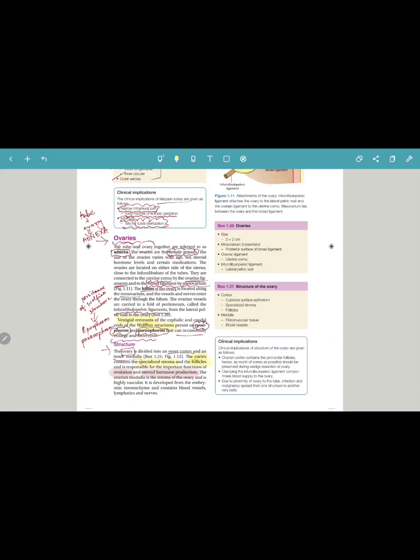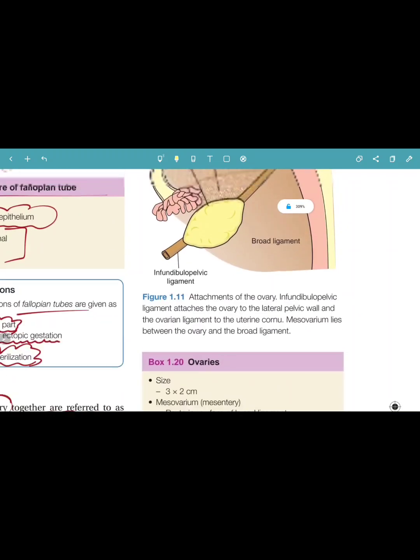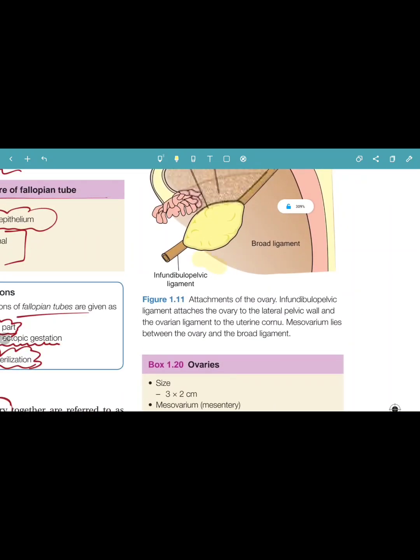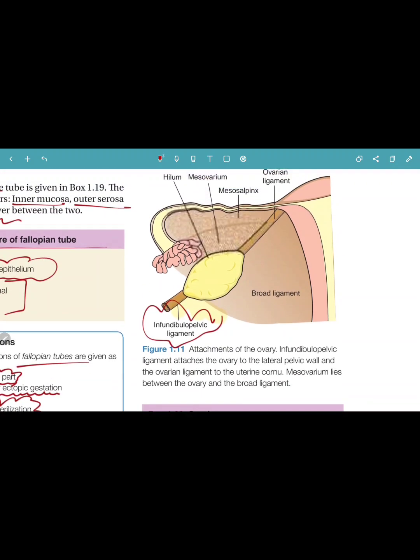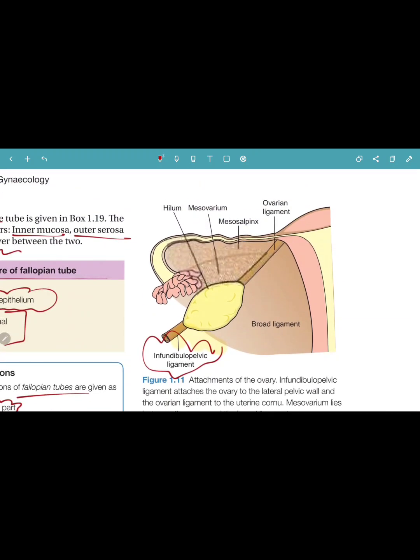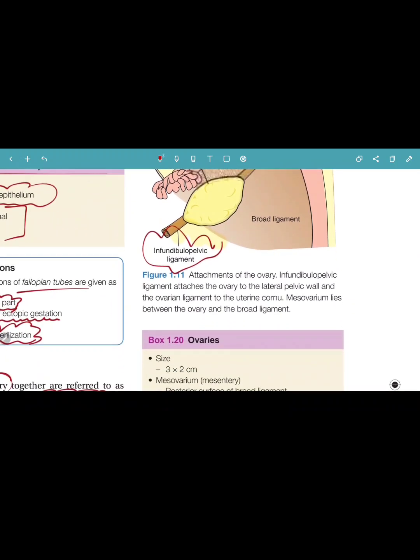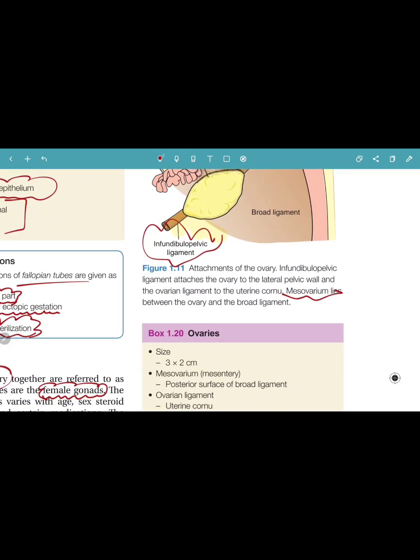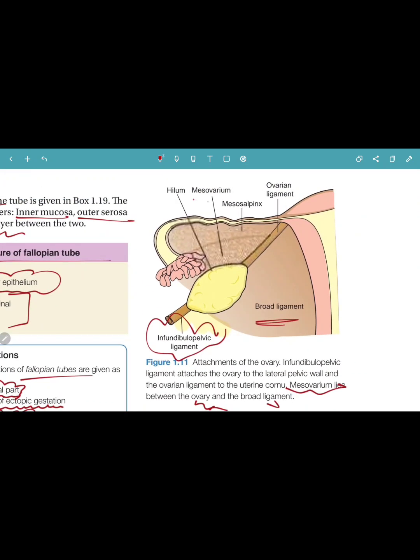So if you look at the attachments of the ovary, infundibulopelvic ligament over here. So the infundibulopelvic ligament over here attaches the ovary to the lateral pelvic wall, whereas mesoovarium lies between the ovary as well as the broad ligament. So this is your broad ligament, this is your mesoovarium.